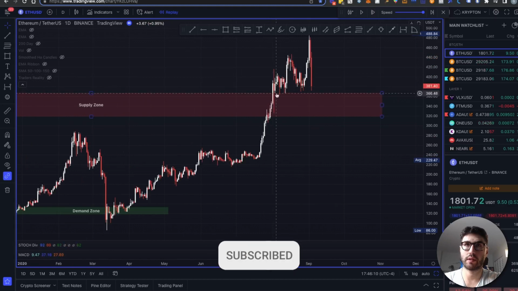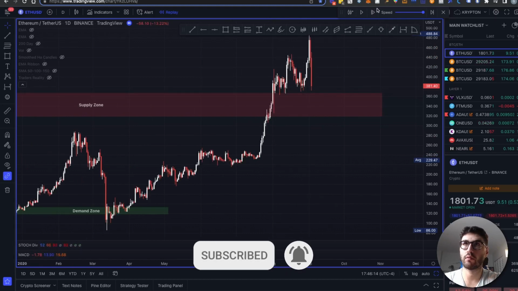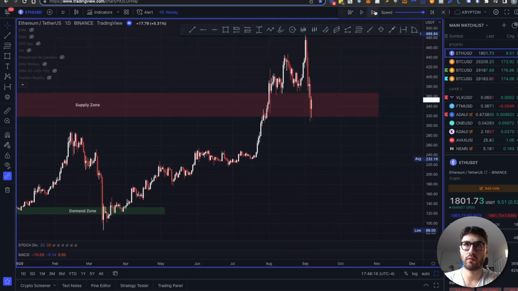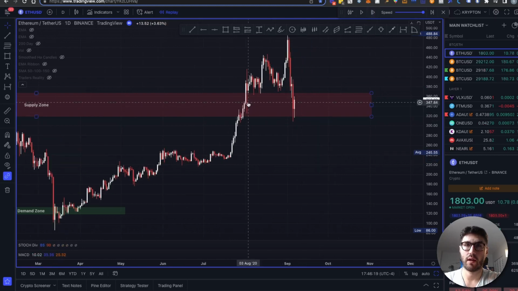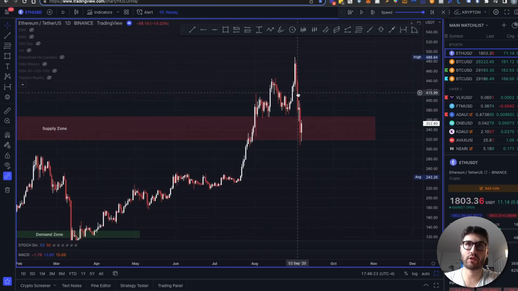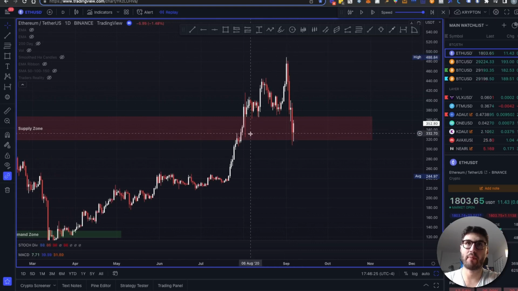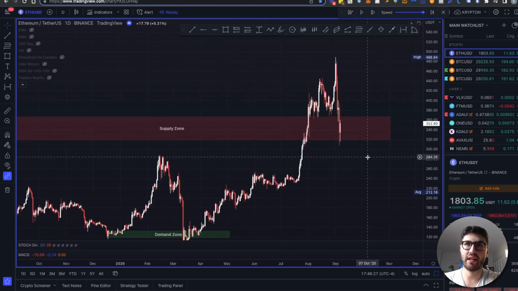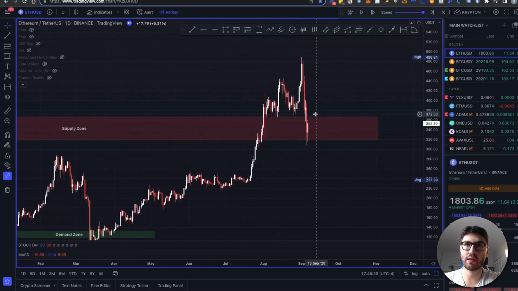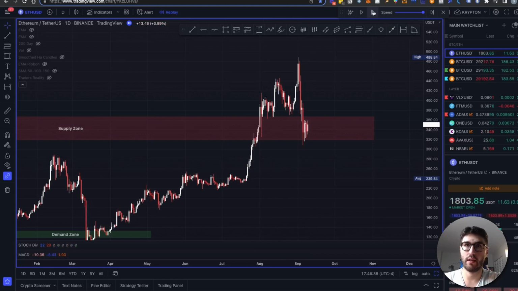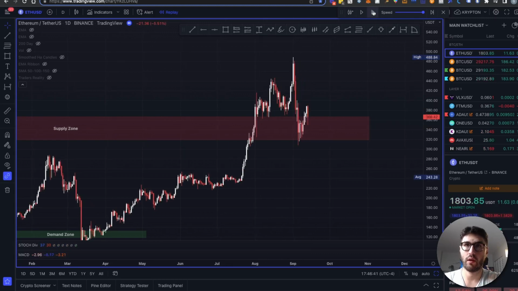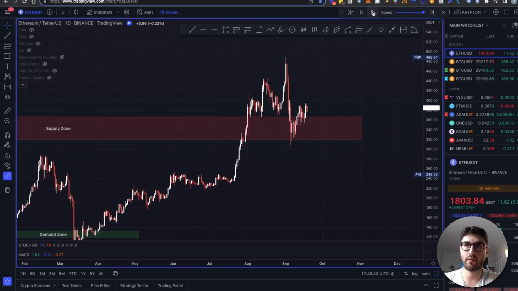All right, so there is this zone that's been taken out. But you see how price action is a game of probability, right? So it did pass the supply zone, and then it had this break of structure right here. Now it's trending again in the supply zone. Let's see if it will have a retracement.